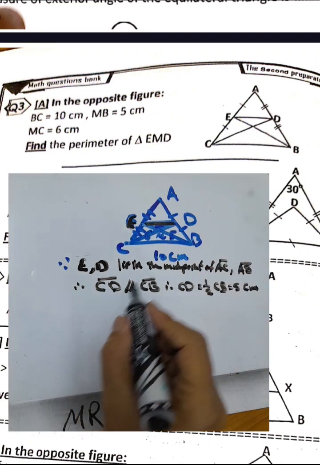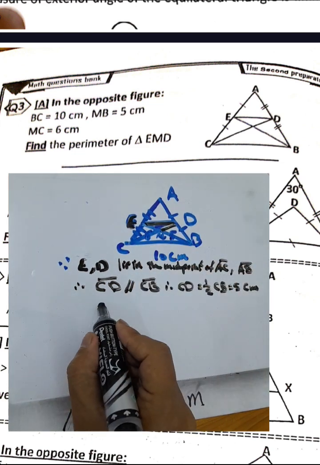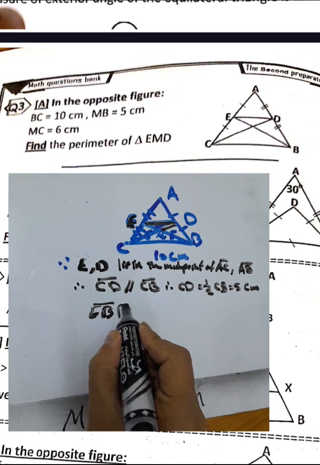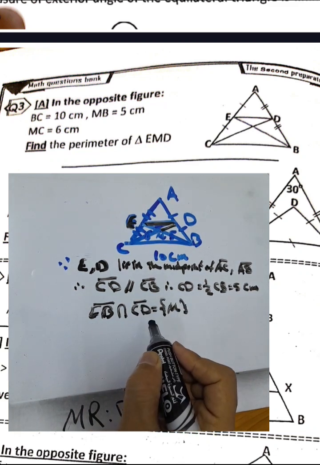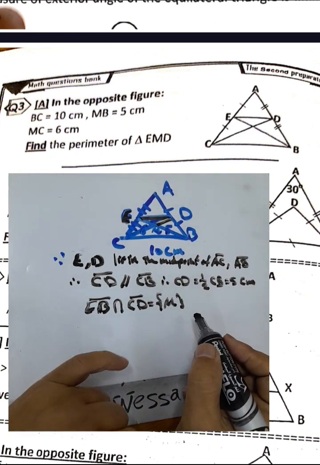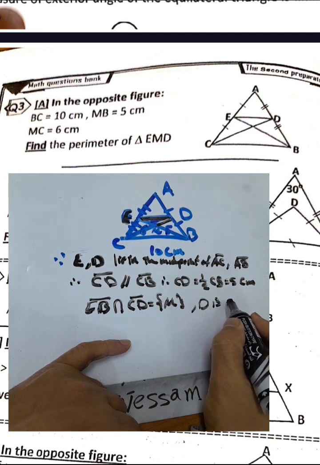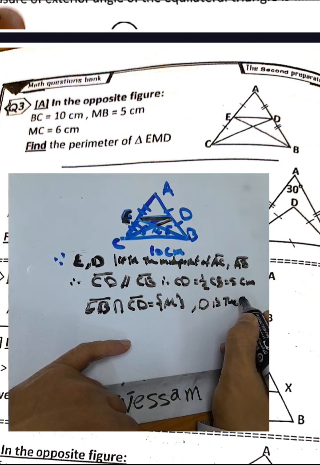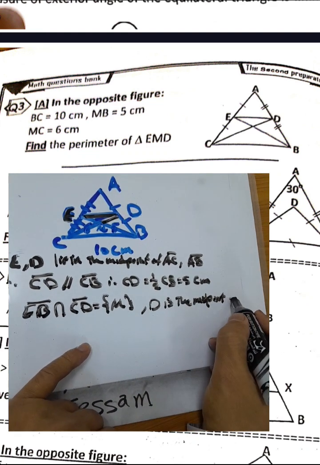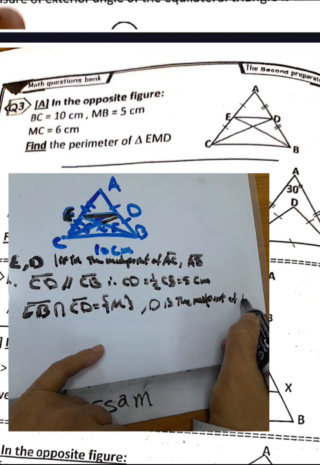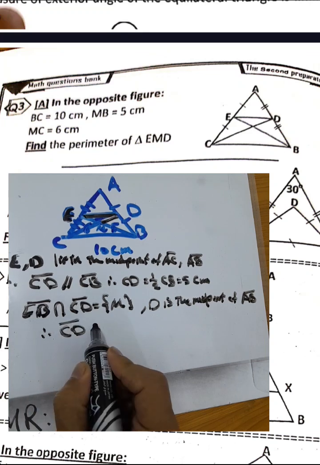And then we want to find the length of MD. We have the point EP, whose intersection with CD equals the point M. Okay, they intersect at this point M, and D is the midpoint of AB. Then CD is the median.